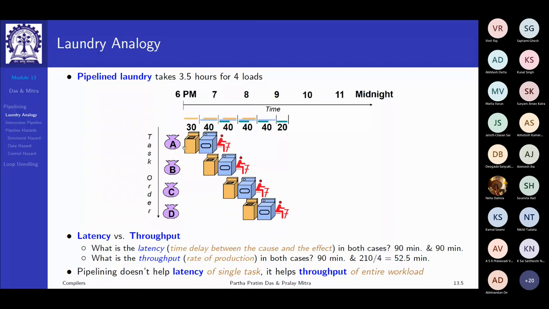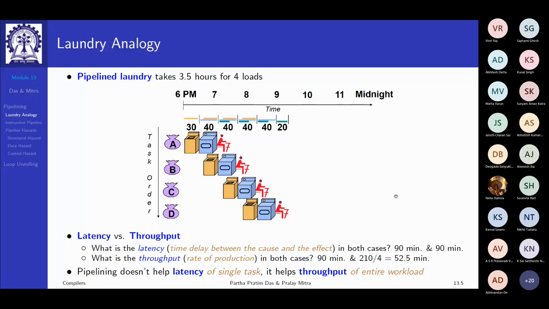You keep on overlapping in this way, and if you add up these times, you'll find that this can now be done in 3.5 hours in comparison to 6 hours for 4 loads. So you can squeeze the time significantly by utilizing the idle time of different machines when they're done with one job, and they can take up the job for the other person.